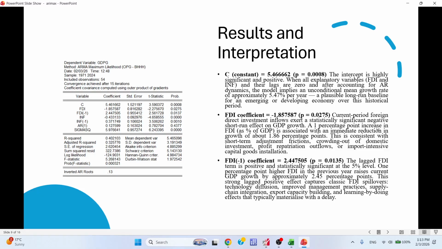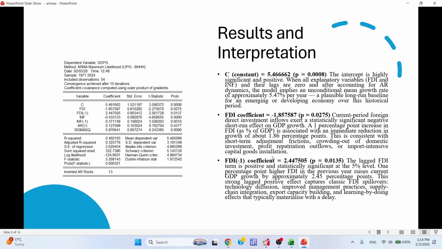A 1 percentage point increase in FDI as a percentage of GDP is associated with an immediate reduction in growth of GDP. Why reduction? Because FDI at the current point has a negative relationship. This is because of short-term adjustment friction, crowding out of domestic investment, profit repatriation outflows, or import-intensive capital goods installation.